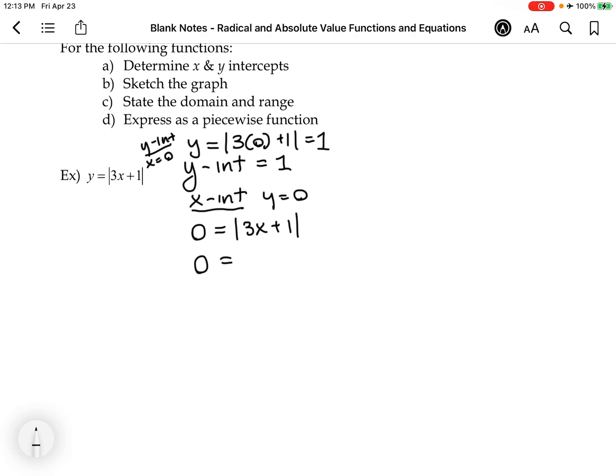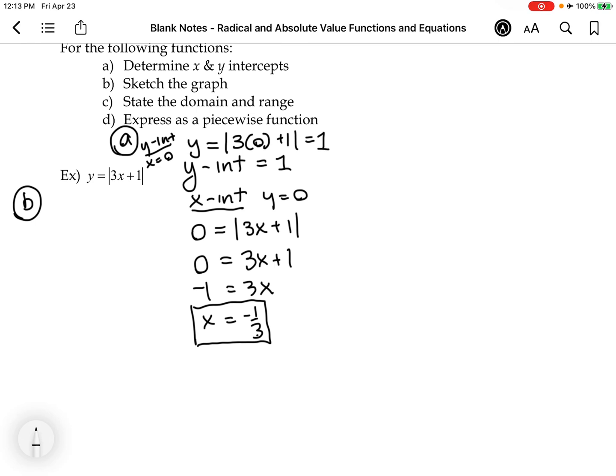So this is going to be 0 equals 3x plus 1, which means negative 1 equals 3x, which means that x equals negative 1/3. Okay, so this is our x-intercept. It's also going to be the invariant point. Okay, so this is sort of step A, your intercepts.